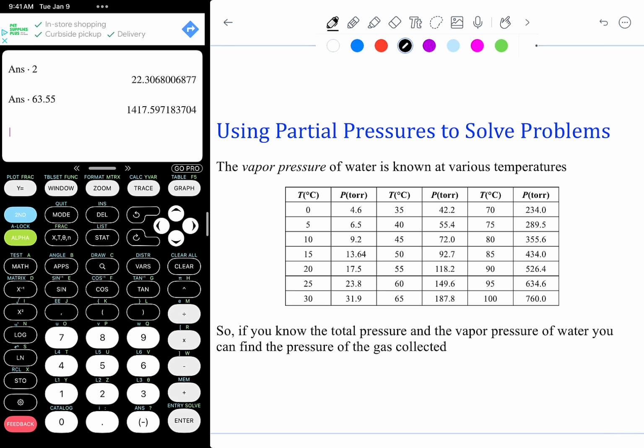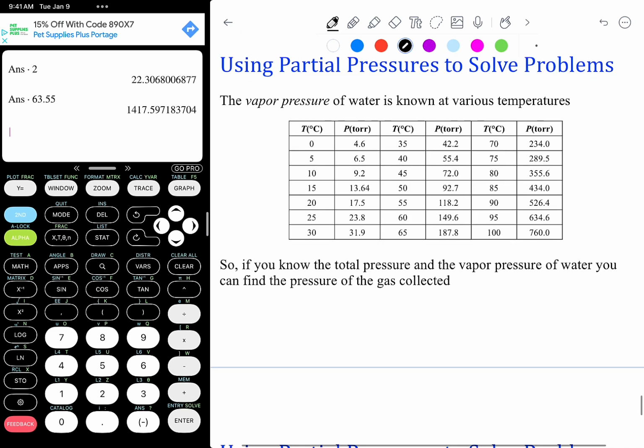So the vapor pressure of water is known at various temperatures. At 0, it's 4.6. At 15, it's 13.64. At 45, it's 72, and so on. So the vapor pressure of water is going to vary at different temperatures. More water will come out of that solution the higher the temperature is.